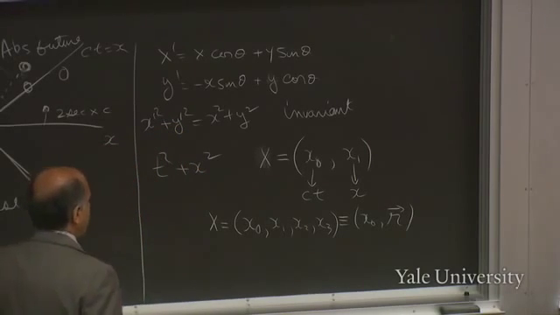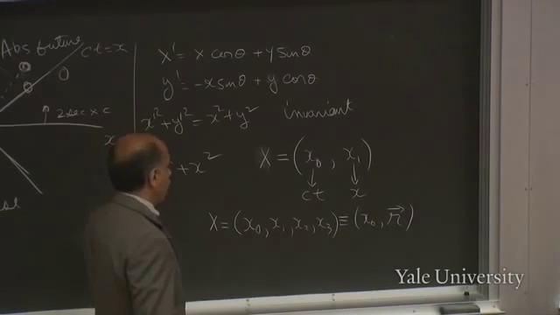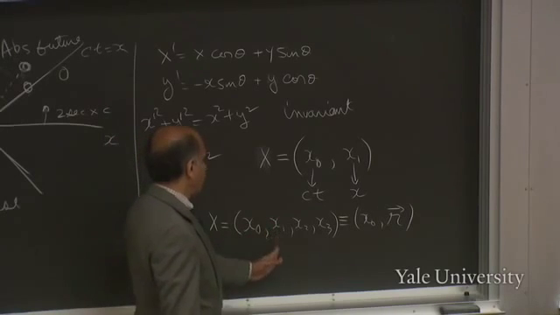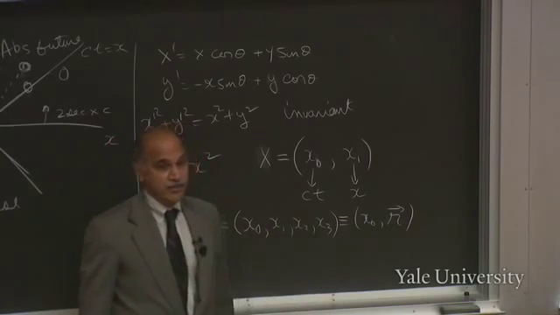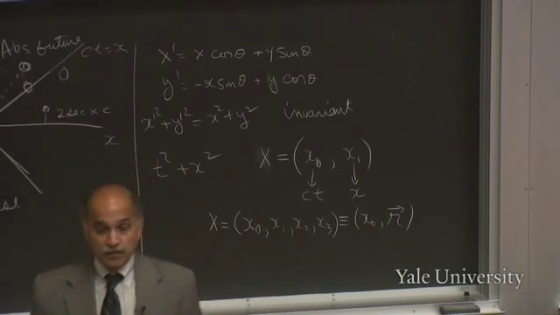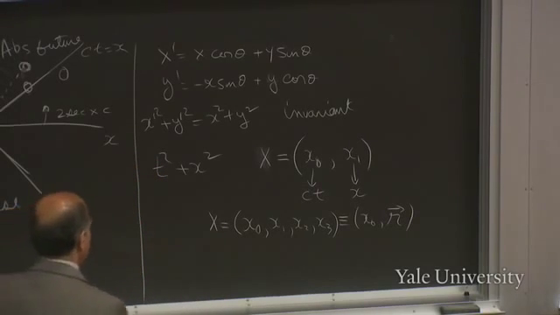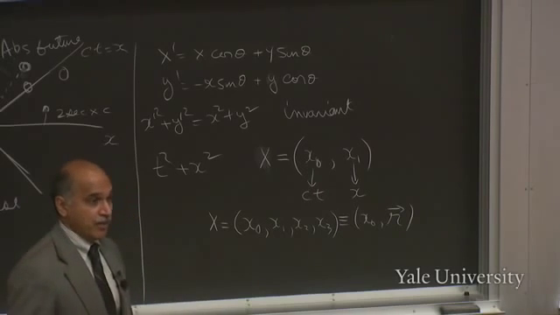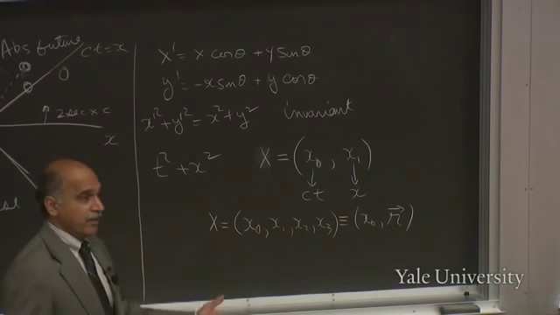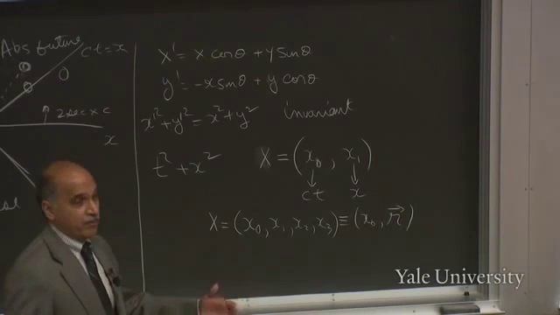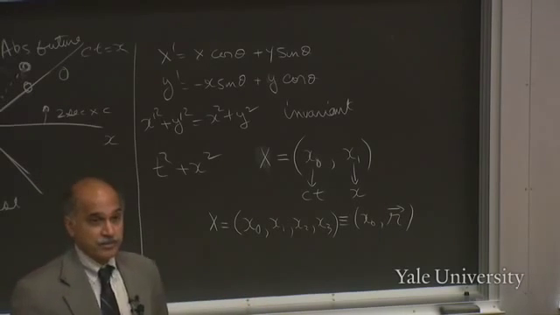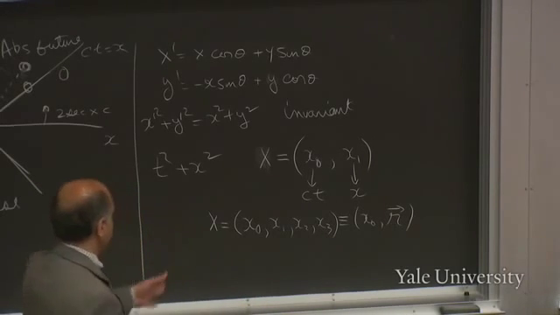In 1 dimension, the vector r becomes a number x, and I want to call it x1 because it's the first of the 3 coordinates. And if you're doing superstrings, you're going to have 10 coordinates. 1 will be x naught, and the 9 will be spatial coordinates. So we like the numerical index rather than letters of the alphabet because you run out of letters, but you don't run out of these subscripts.